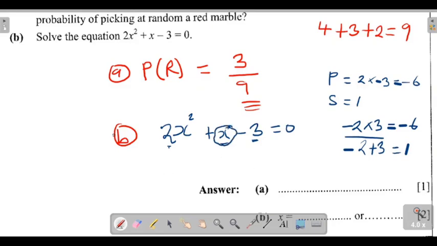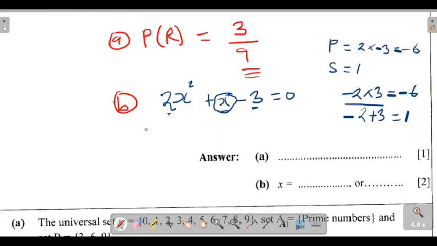You are going to say 2x squared minus 2x plus 3x minus 3 is equal to 0.